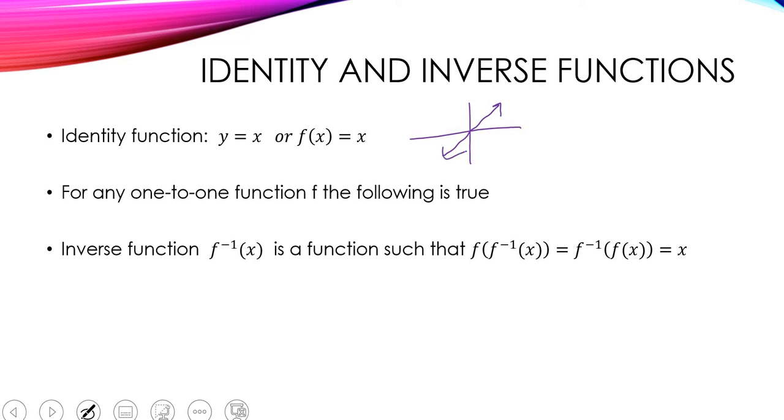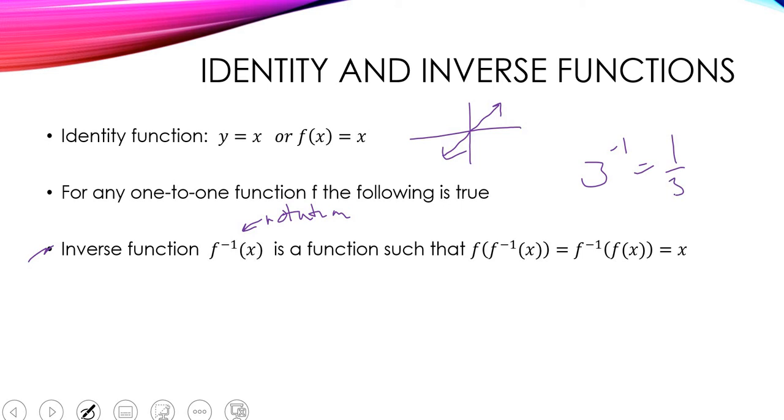For any one-to-one function f, the following is true. The inverse function, f inverse of x, is a notation. This does not mean, like when we had 3 to the negative 1, it's 1/3.